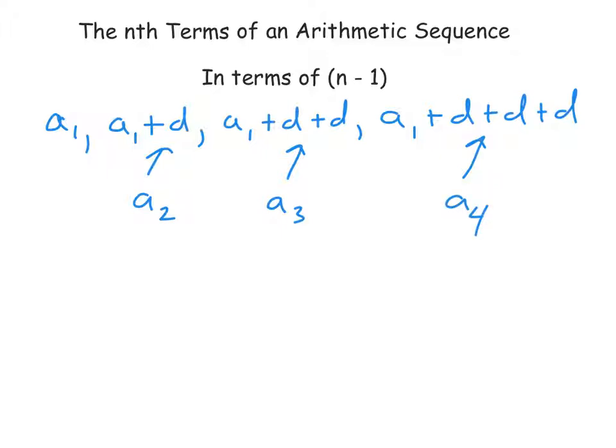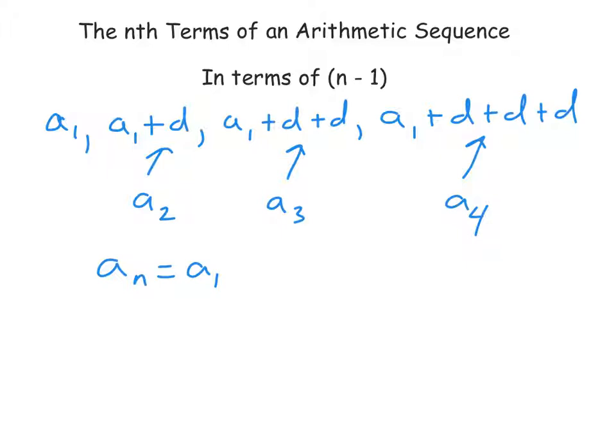And now as far as a formula goes, I think this is enough that you'll catch on to the pattern. If we wanted any term, we could start with a sub 1, but notice the pattern as to how many times you would add the common difference. If you look at all 3 of the next terms, you'll see the common difference was added 1 fewer times than the term that we were getting.